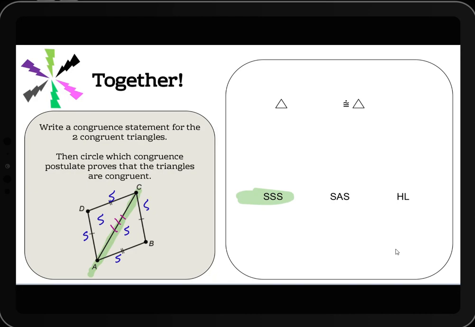I'm going to say triangle CDA. Notice how I went from C to D and then to A. So notice how I traveled along the segment with 2 hash marks. I need to do the same thing for the other one, right? So if I write it in blue, I need to go this way. A, B, C. And that is a congruent statement for those particular triangles.